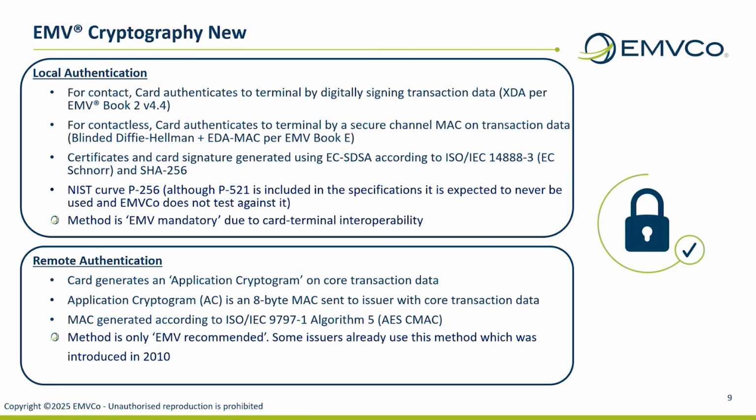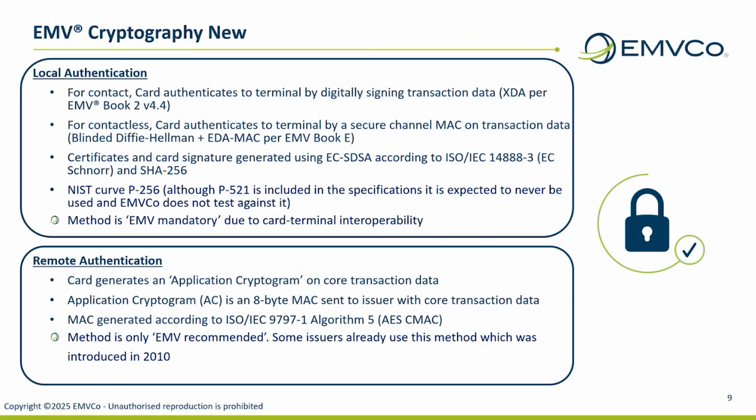Whereas contact transactions require the card to generate a digital signature known as XDA, similar in function to CDA, for contactless transactions, the card and terminal instead establish a secure channel using a blinded form of Diffie-Hellman, standardized in ISO IEC 11770-3, and the card generates a secure channel MAC called EDA MAC using the AES CMAC algorithm. I'll talk more about this later.